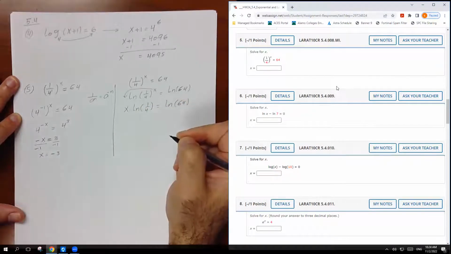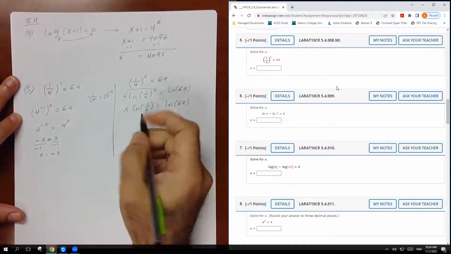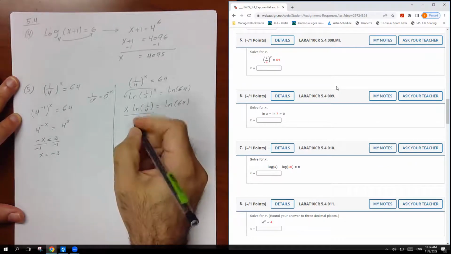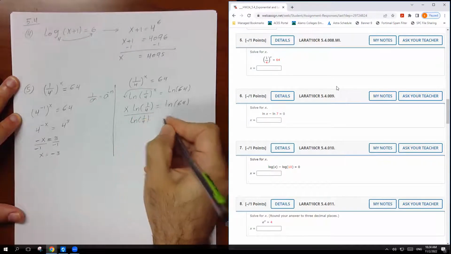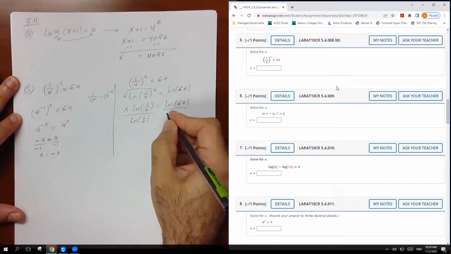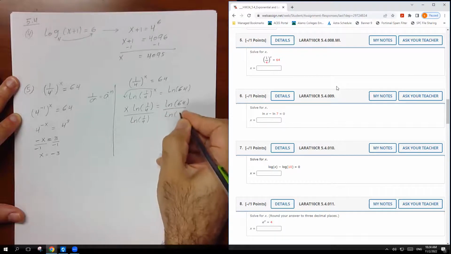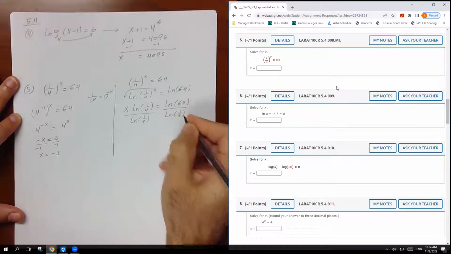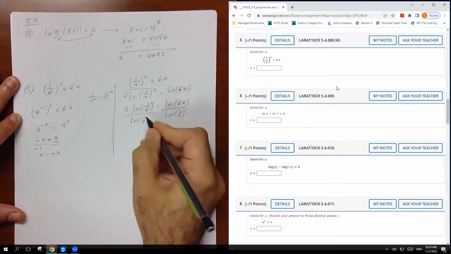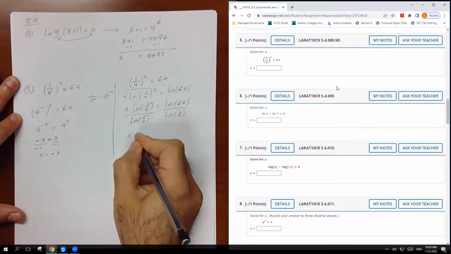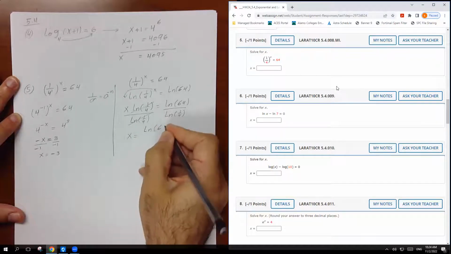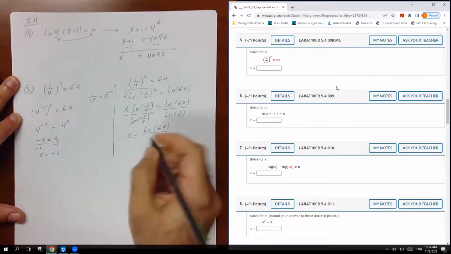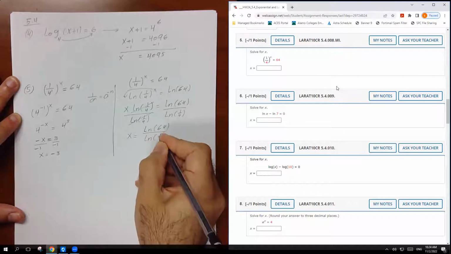64. Now I need to keep the x by itself, so I'm going to divide by ln of 1 over 4, so this cancels. That means x is going to be equal to ln 64 over ln of 1 over 4.